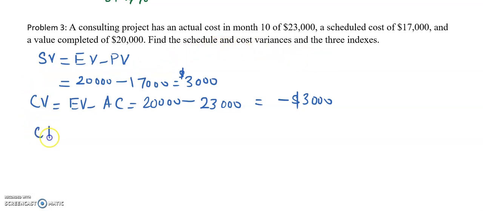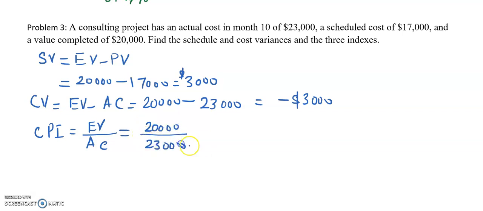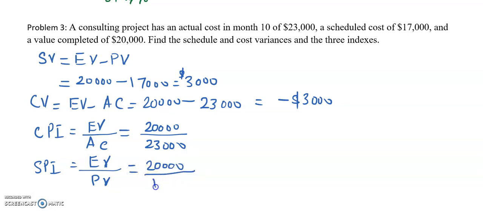Cost performance index is equal to earned value divided by actual cost. Earned value is $20,000. Actual cost is $23,000. And the schedule performance index is earned value over planned value. Earned value is $20,000. Planned value is $17,000.